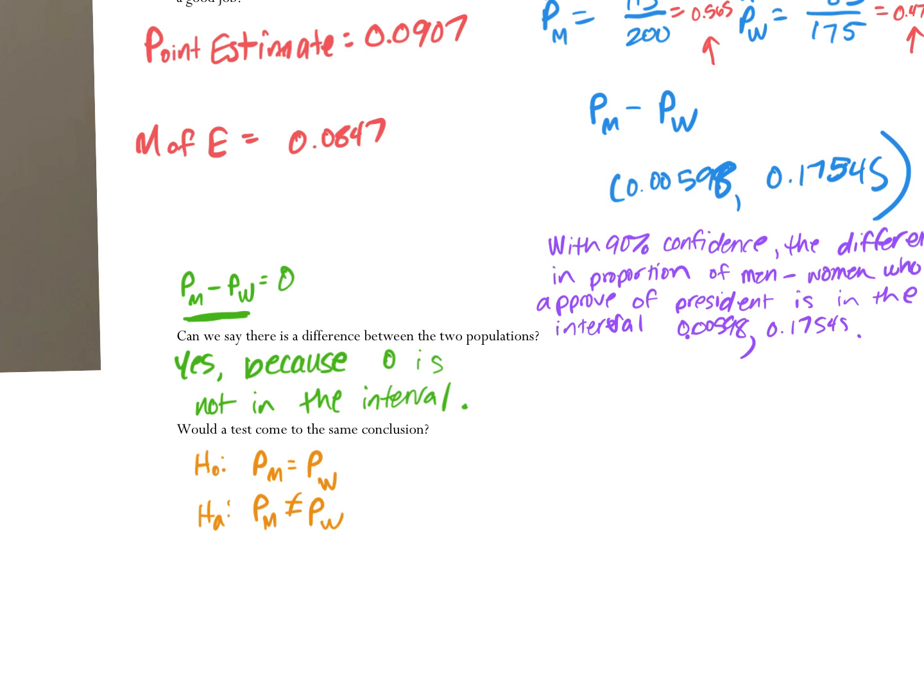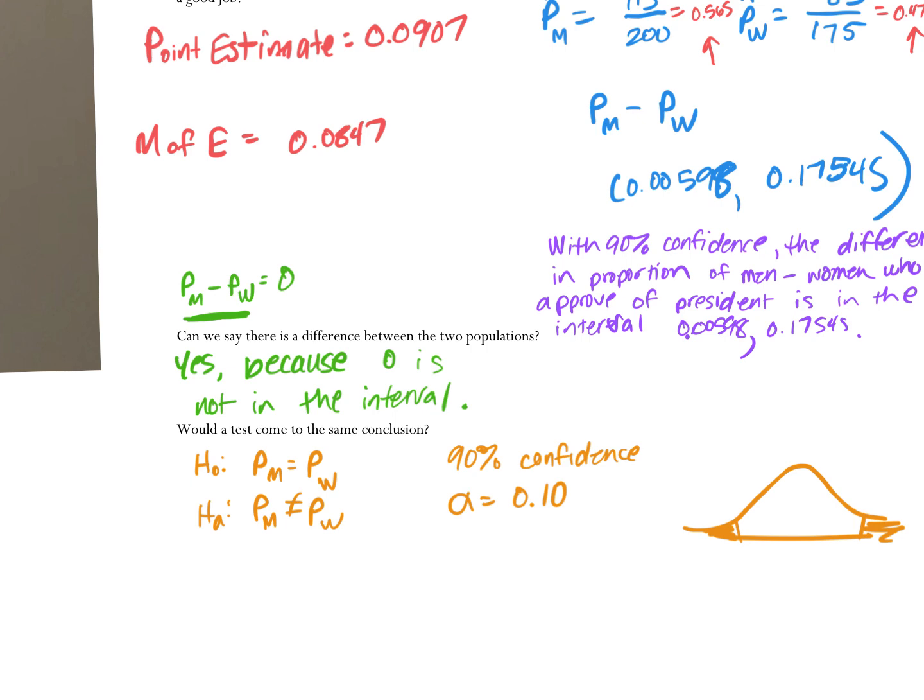For 90% confidence, what would that tell us about alpha? What alpha would go with 90% confidence? Alpha would be 0.1, and since it's two-tailed, the alpha would still be 0.1.